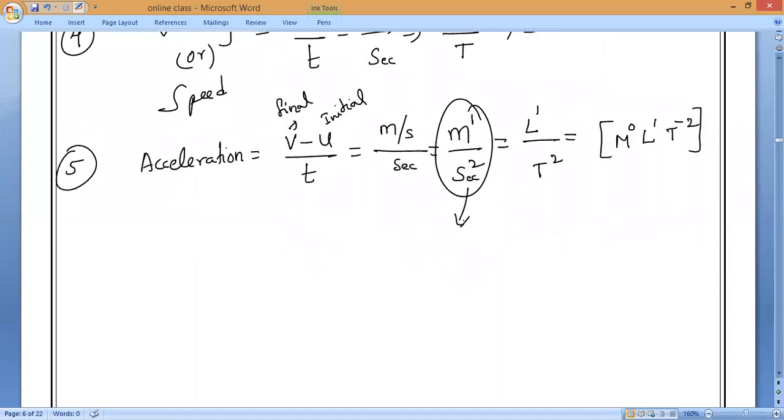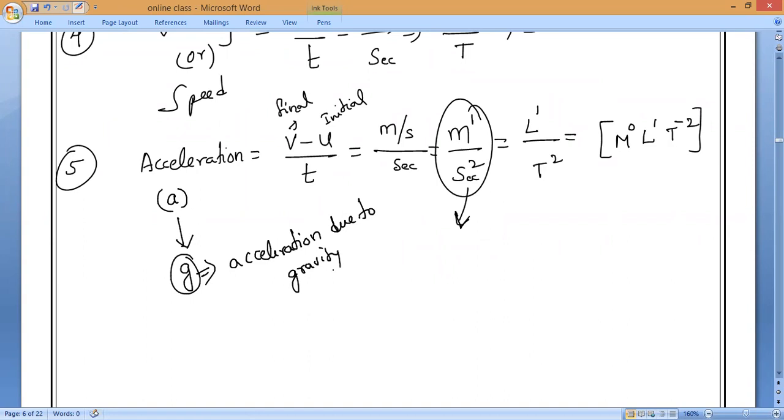Acceleration, suppose if this is acceleration, a, I can also represent it with a small g. Can you tell me, Pradosh, what is g? Acceleration due to gravity. So if you have taken, for that also, what are the dimensions? Directly you should say, you should not solve again.